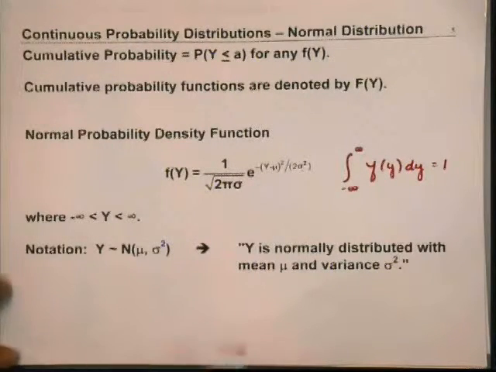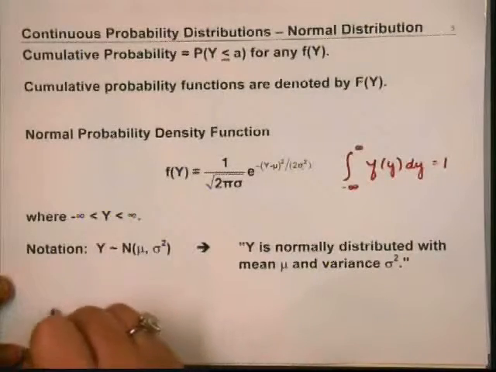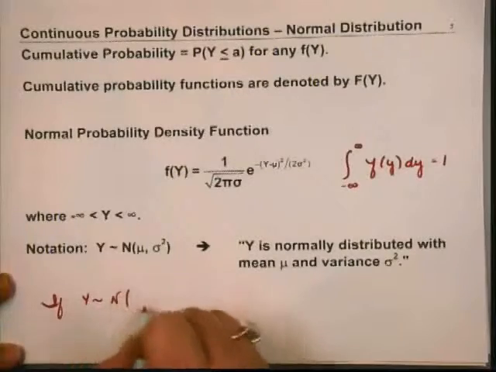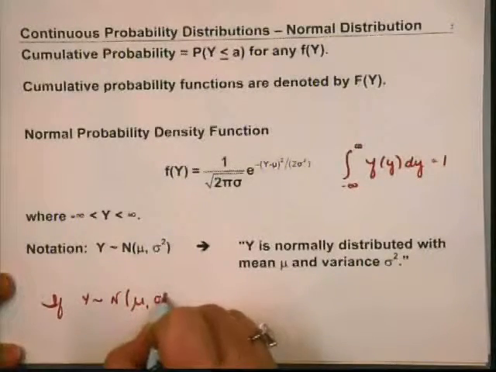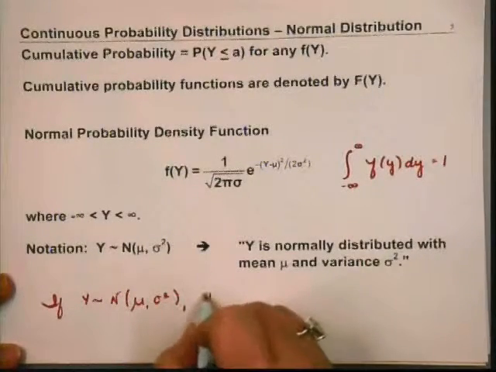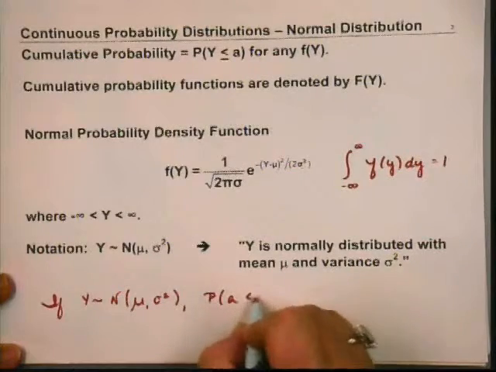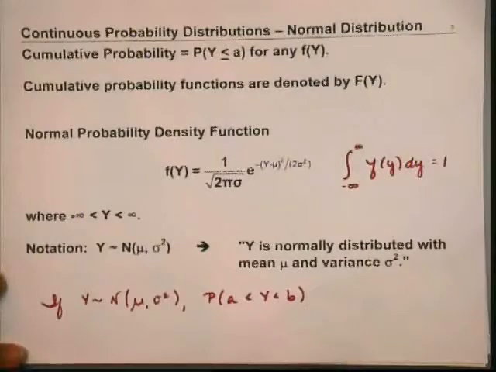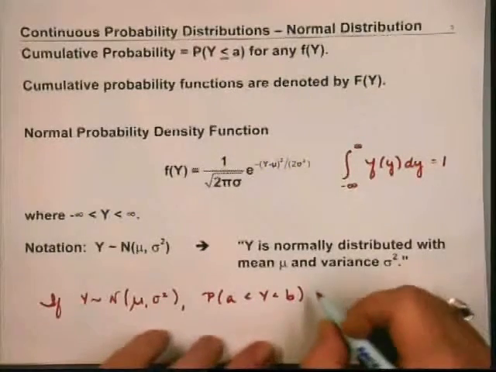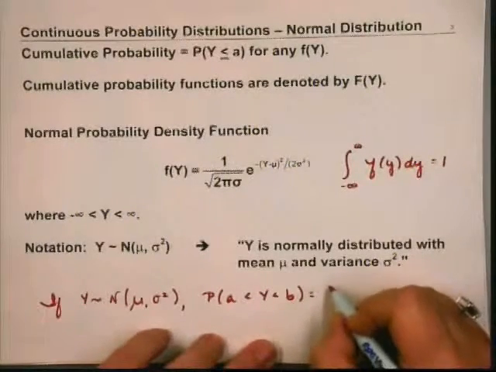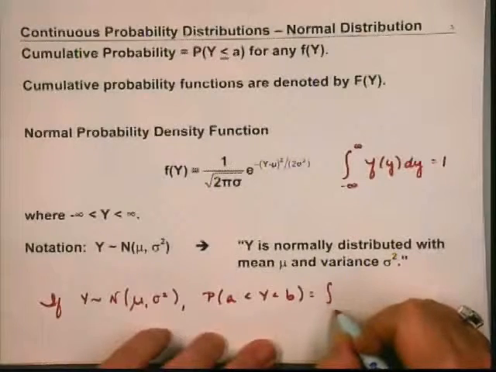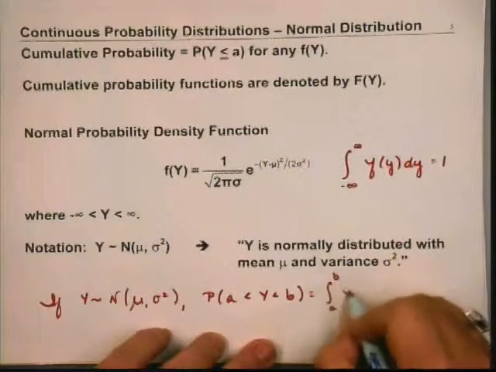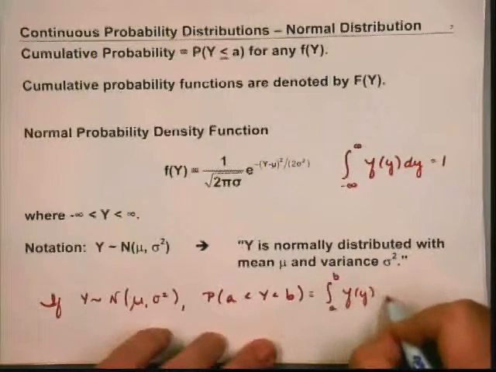So then our question is, if we have that y is distributed normally about a mean of mu and a variance of sigma squared, how do we find the probability that y is in some interval a to b? All right, modifying this, so notation here for calculus students with a calculus background, you're integrating from a to b the function f of y with respect to y.